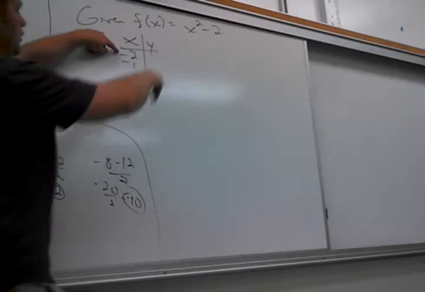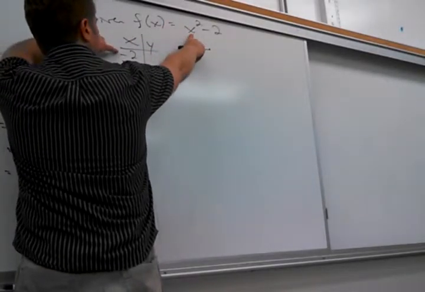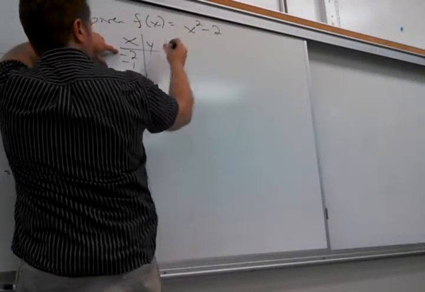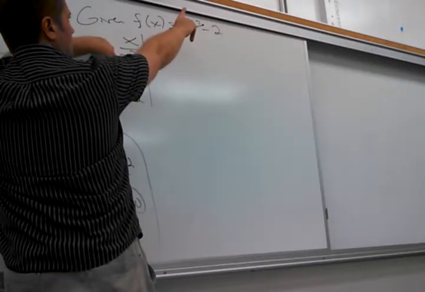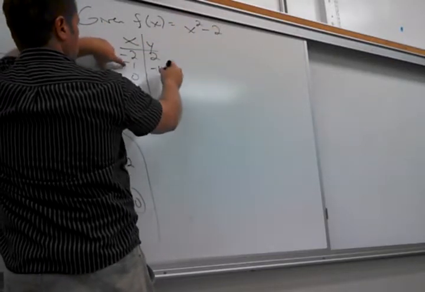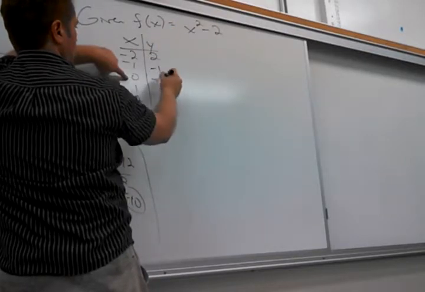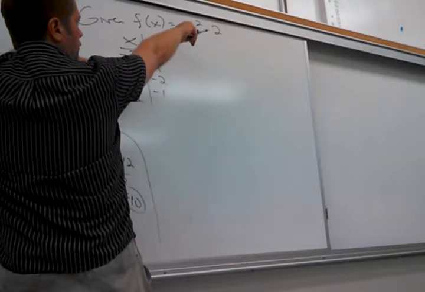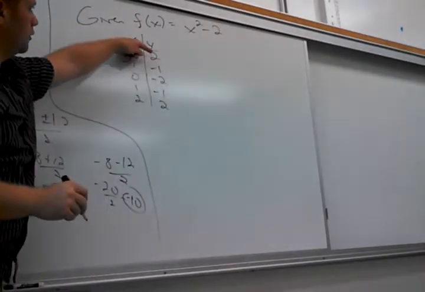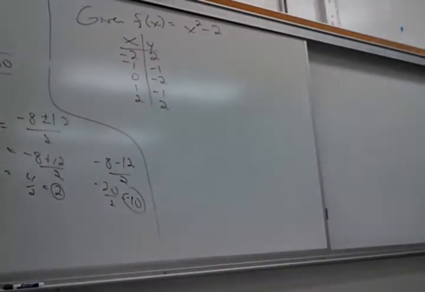So what do I get if I put a negative 2 in? 4 minus 2. I get 2. Negative 1 would be 1 minus 2, negative 1. 0 would just be negative 2. 1 minus 2 is negative 1. 4 minus 2 is 2. Do you see how it kind of goes down and then comes back up?